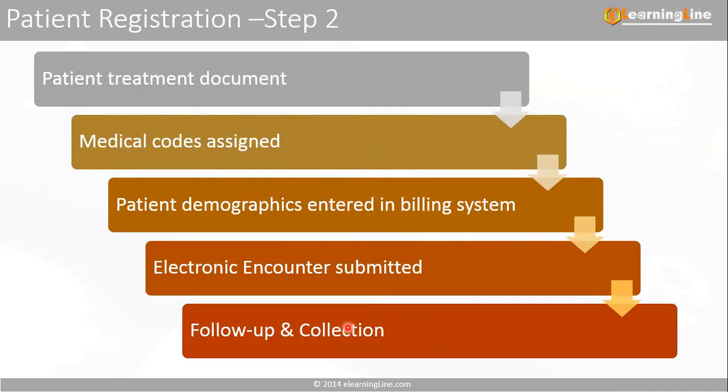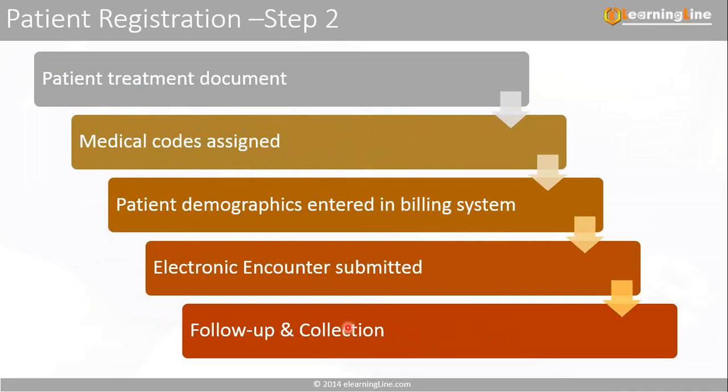There is a difference in how the two claims get submitted, which we will understand in detail when we get to those two chapters, your CMS 1500 and your uniform billing, how the hospital submits the claim.